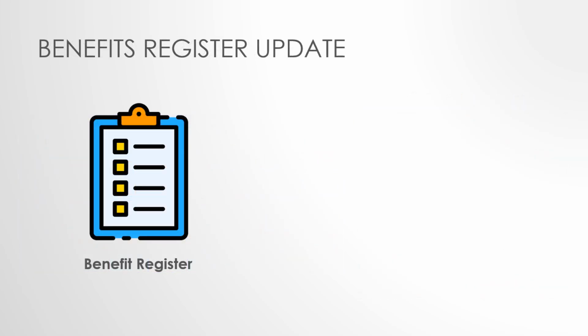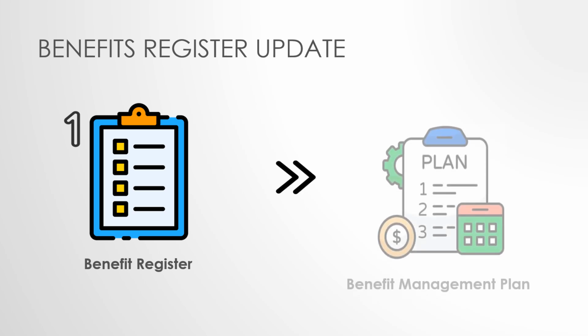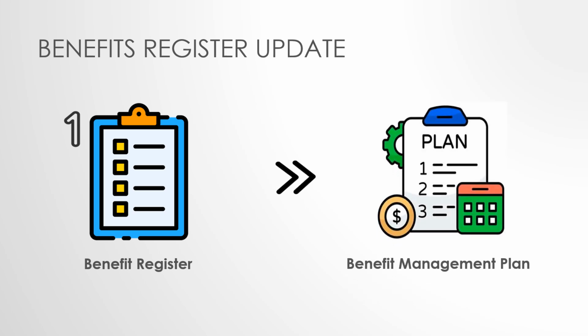Do you remember the benefits register we just talked about a few slides back? The benefits register was developed as a first step under the benefits management performance domain. Then we started establishing the benefits management plan. Following the development of the benefits management plan, program managers should check the benefits register and update it.